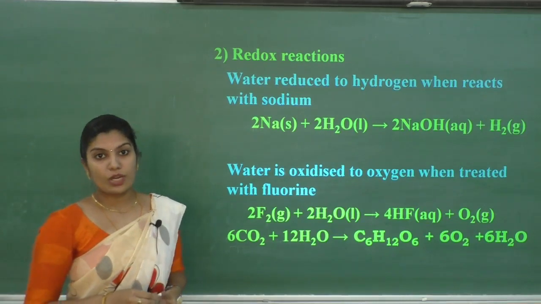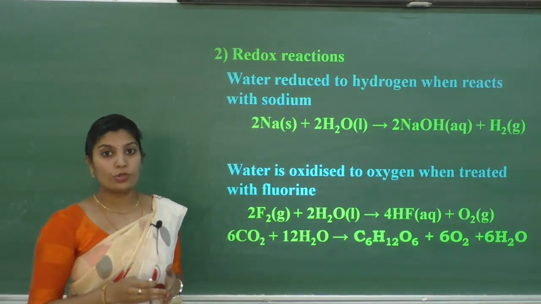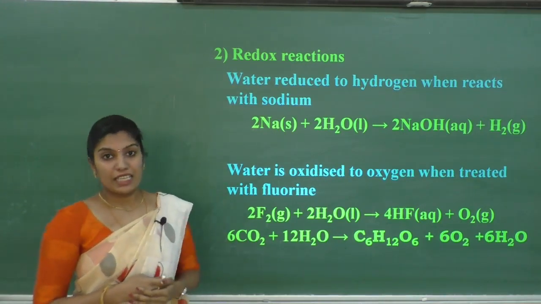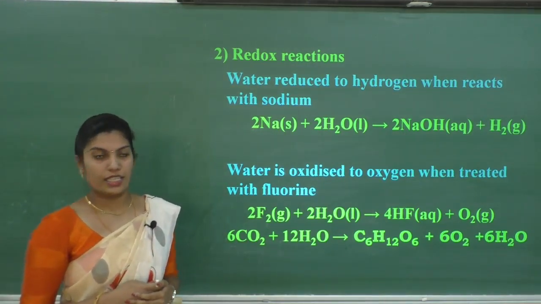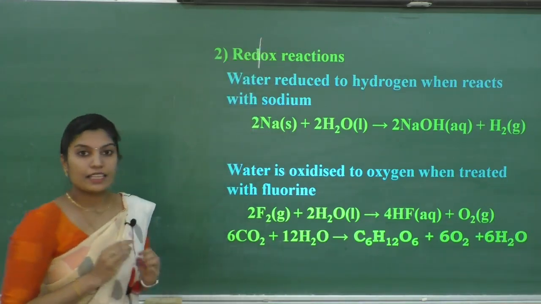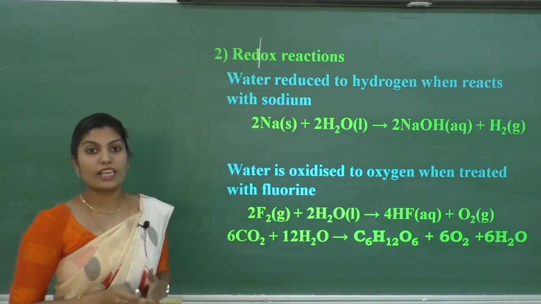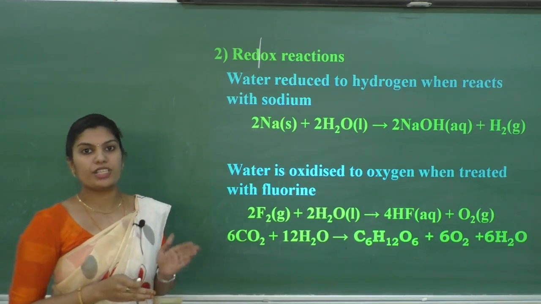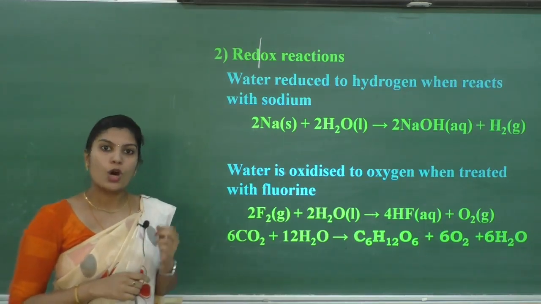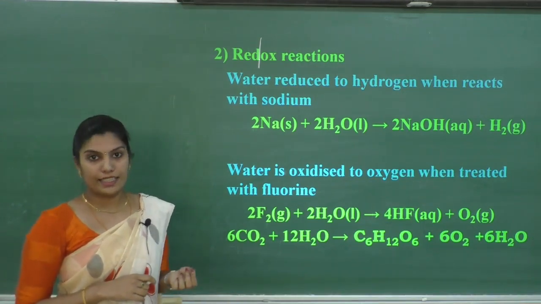Next, coming to the redox reaction. You know different types of reactions. What do you mean by a redox reaction? As the name itself indicates, a redox reaction is a reaction involving both oxidation and reduction.